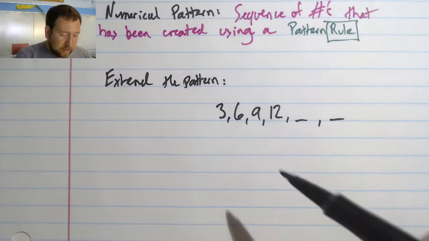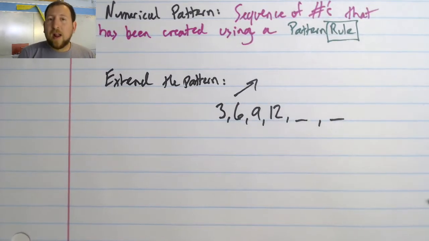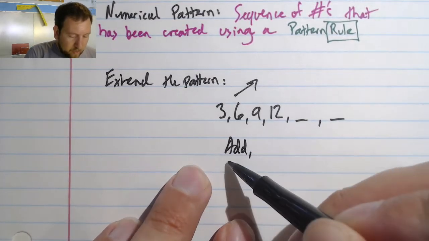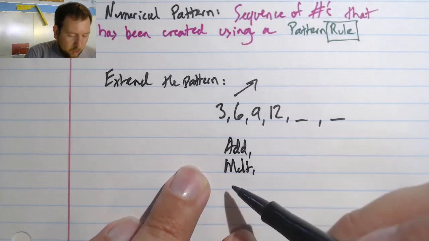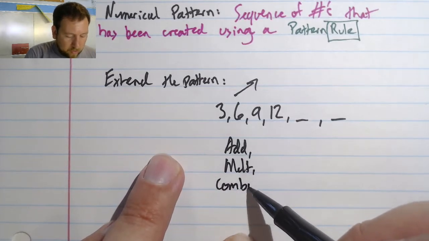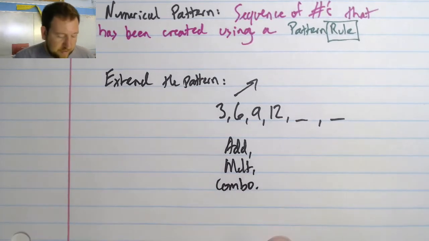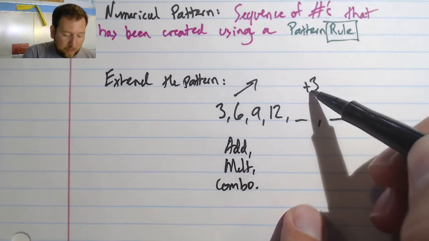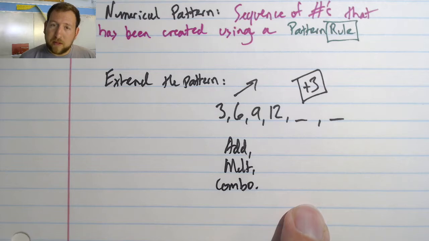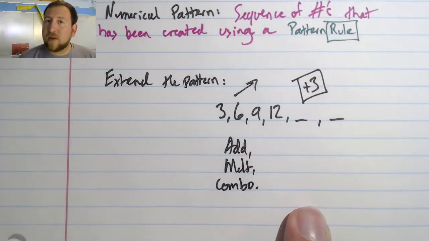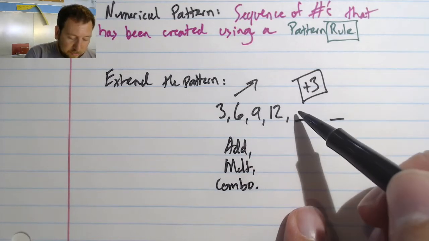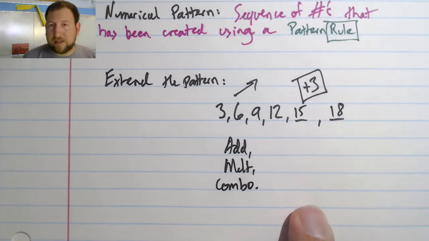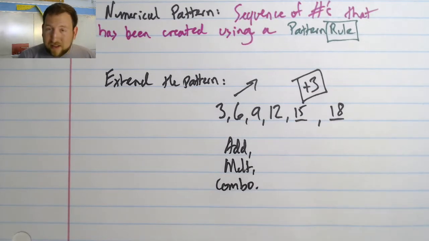If it's ascending, we can tell that this is going up. I'm going to likely use add, multiply, or a combo. So here, it's pretty clear that I'm going to be adding 3 as my rule. So I can just fill out the rest of these numbers pretty easily. 12 plus 3 is 15. 15 plus 3 is 18. And that's a pretty simple way to do it.